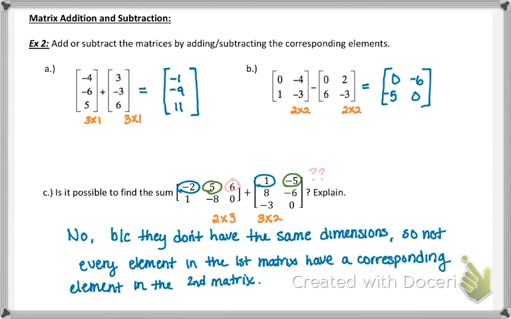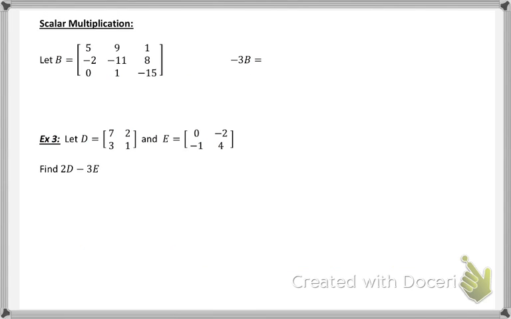And the very last thing we're going to look at is something called scalar multiplication. So scalar multiplication is simply we're taking a matrix and we're multiplying by a constant value. Could be 2, could be 5, could be -1, could be -2, etc. So kind of like a scale factor, and all we have to do is multiply every element by that constant value.